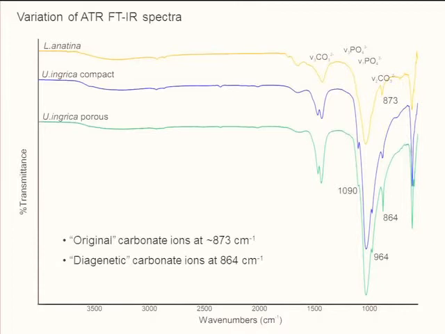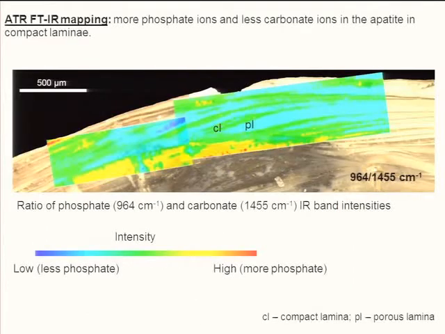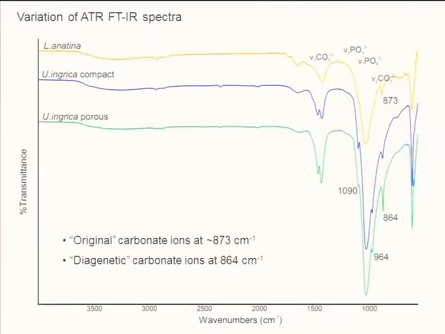in the compact lamina of fossil Ungula. However, in the porous lamina, this carbonate species has a completely different location at the wave number 864. The exact nature of this 864 carbonate is not well understood, but this carbonate appears to be frequent in fossil apatitic skeletons.